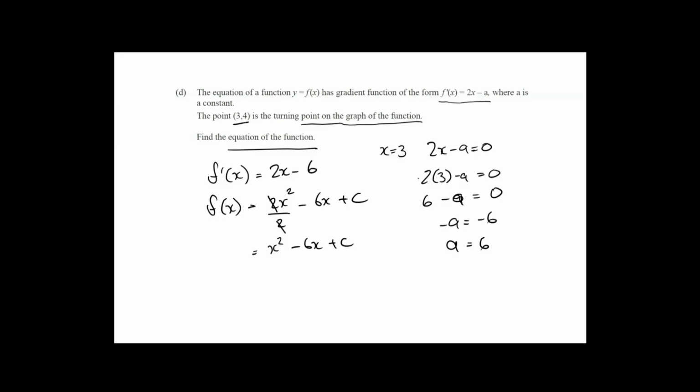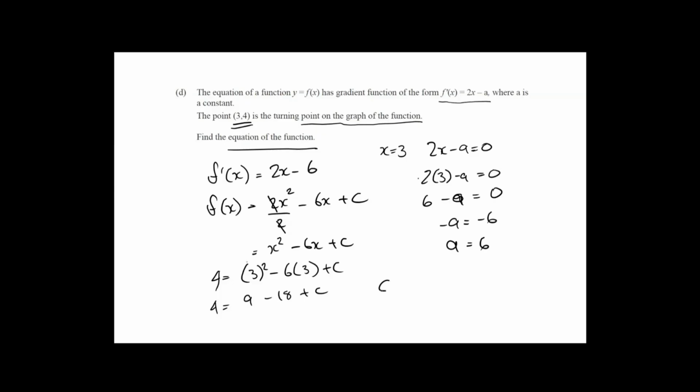Well, we know what one of the points is. So you can read that point: whenever x equals 3, y equals 4. So therefore 4 is going to be equal to 3 squared minus 6 times 3 plus c. And now we have one equation and one unknown. We can solve it. So 4 equals 9 minus 18 plus c.